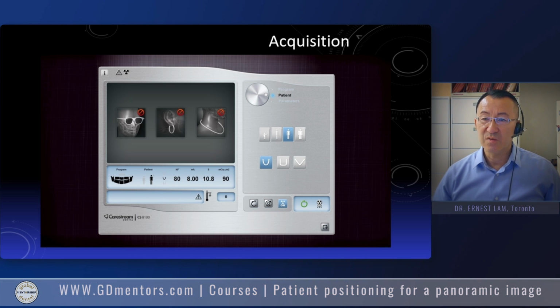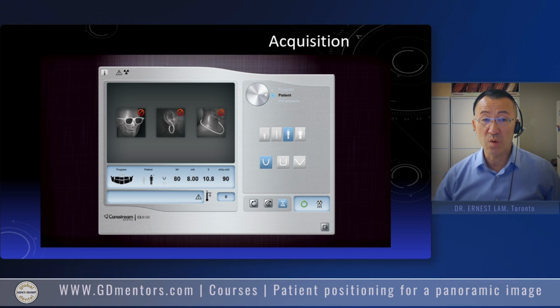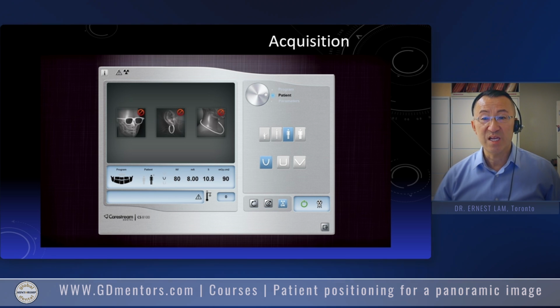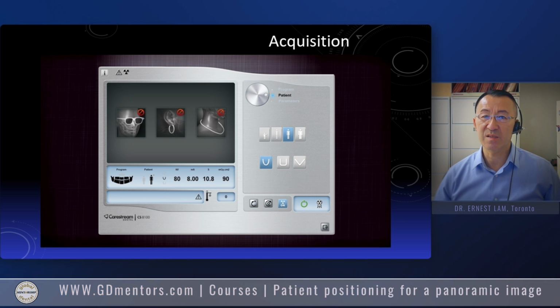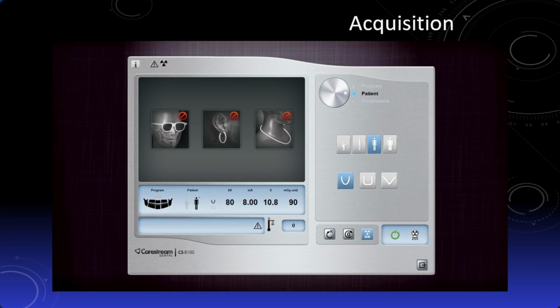Nowadays, digital acquisition is completed on a computer screen, and this is one such interface. This interface allows you to select the size of the patient, the shape of the dental arch, and it allows you as well to adjust some parameters like the kilovoltage and the milliamperage or current of the imaging system.